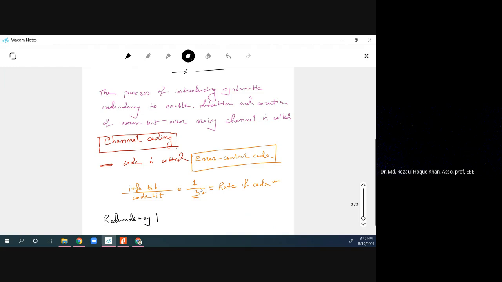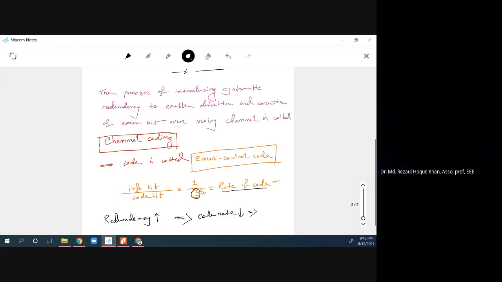If we increase the redundancy, the code rate will decrease. If I keep increasing this value, my rate will keep decreasing.